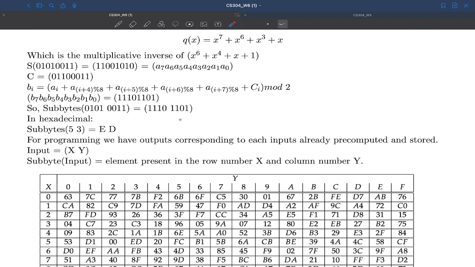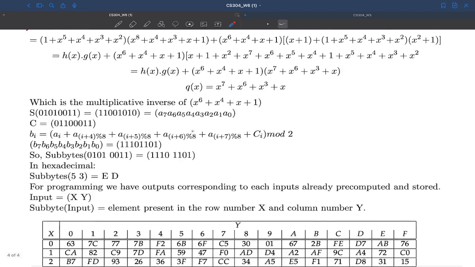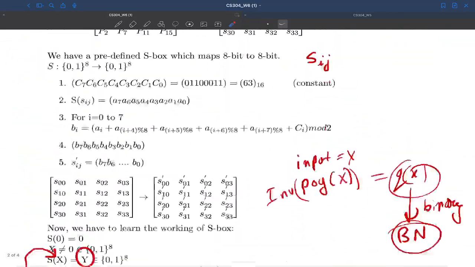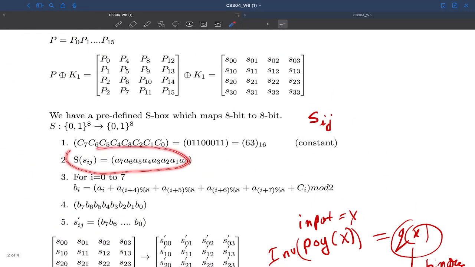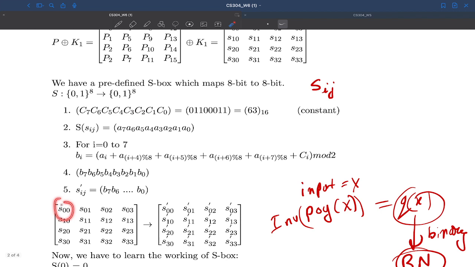What's interesting here is that this sub-byte table is not only covering the S-box, it is covering all the operations that we do in a sub-byte. You see here, we first applied the S-box, then we applied this operation, and after that we got S dash. So all these operations are done beforehand. For the entire sub-byte, we don't have to do anything.